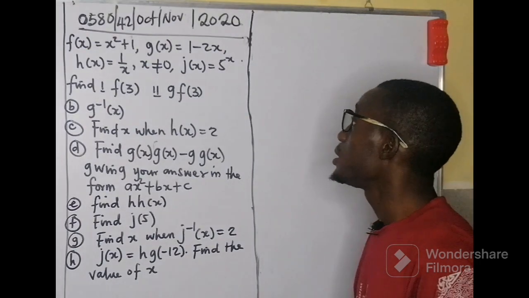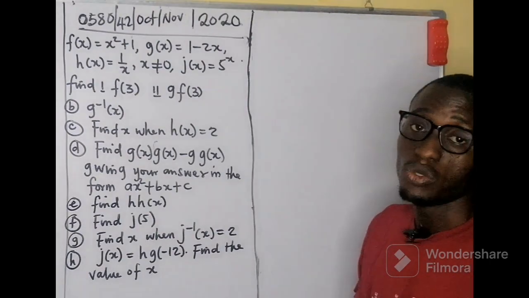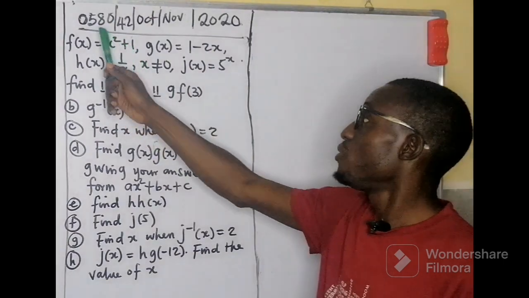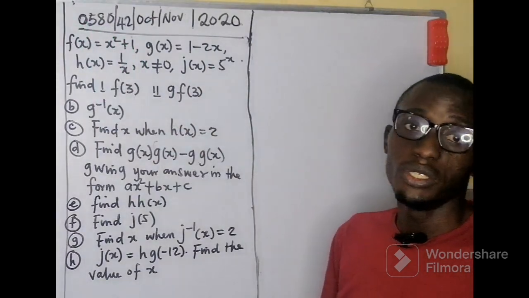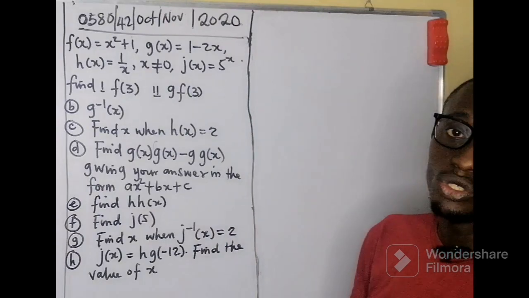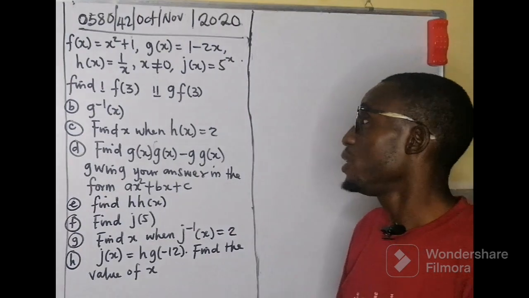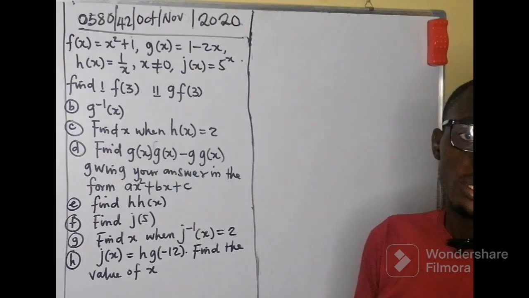So let's look at this. This is paper 4 variant 2 October November 2020. I told you when we solved the first video that this 0580 is a code for mathematics extension, not core. There are two exams in maths as far as Cambridge IGCSE is concerned. The first one is the core, while the other one is the extended.